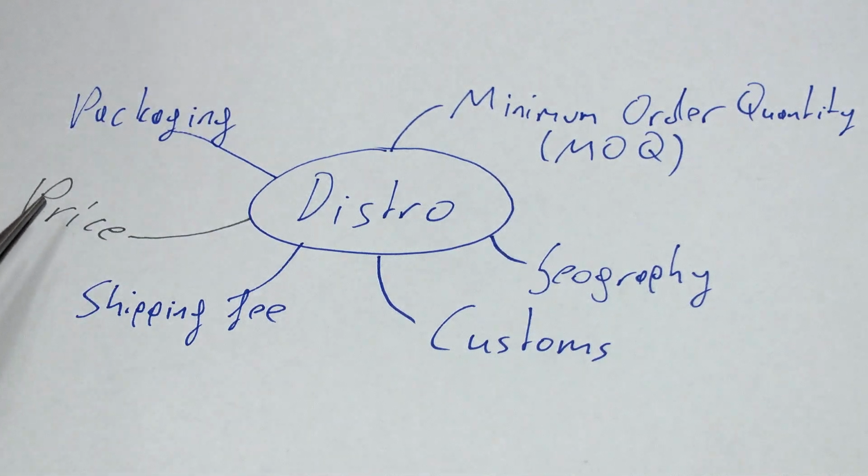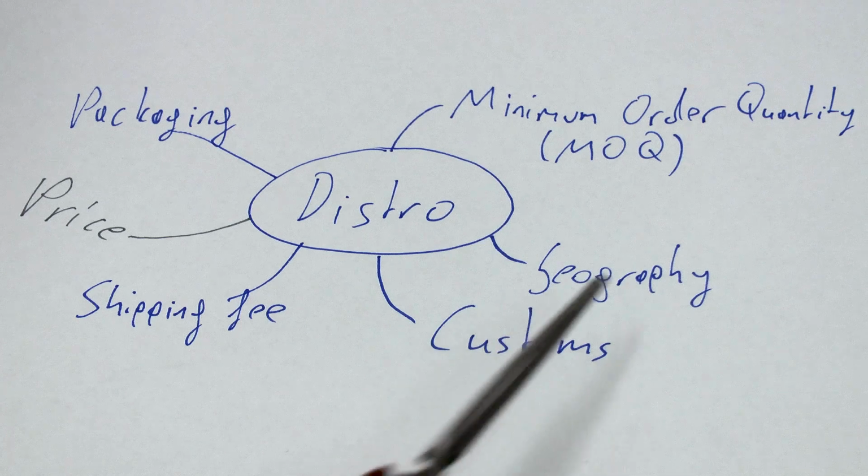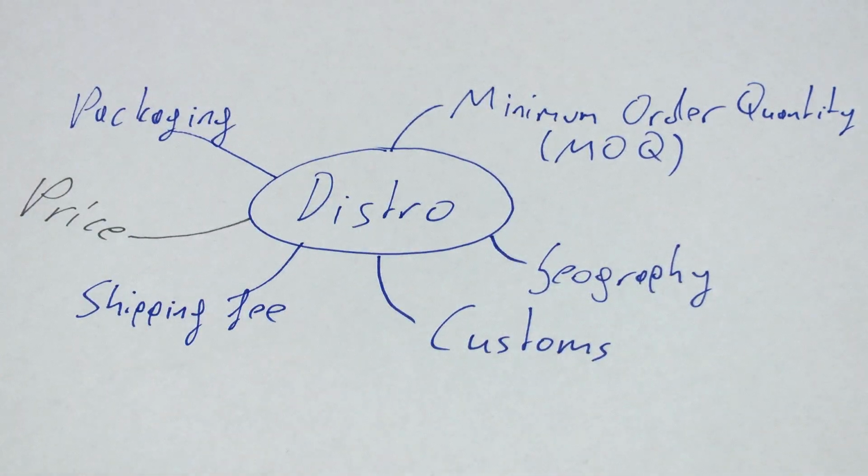So the price difference, even if it's 25 or 30%, usually it's just not worth it to have a distributor which gets on your nerves and ships unreliably. Because trust me, when you are waiting for parts and you can't finish a prototype and you've saved $5, it's a complete non-issue. So here you have the important criteria for selecting a distributor.